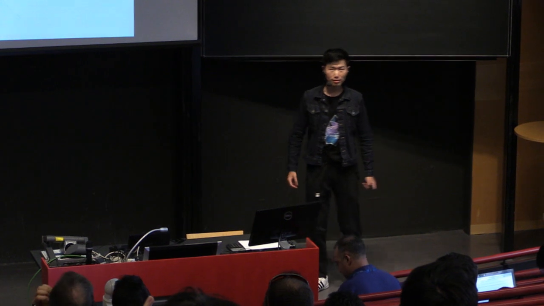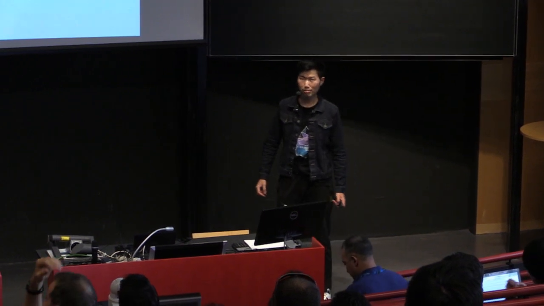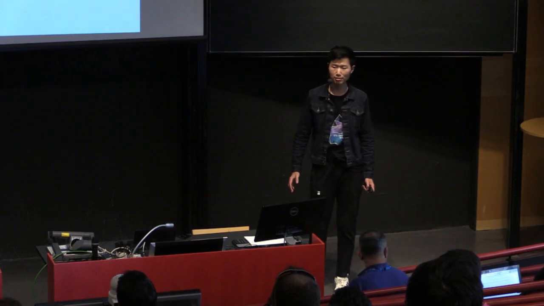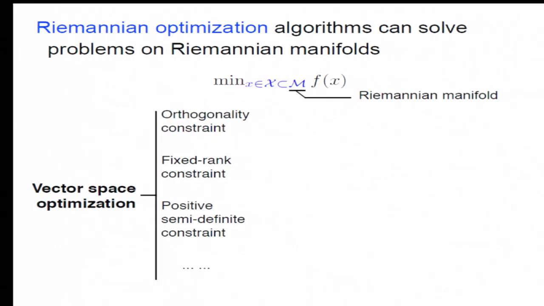In data science and machine learning, many optimization problems in vector space have structured nonlinear constraints. For example, we have principal component analysis, fixed low rank matrix completion, as well as covariance matrix estimation.